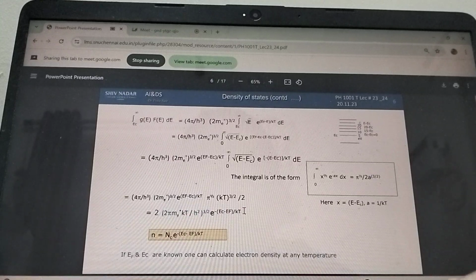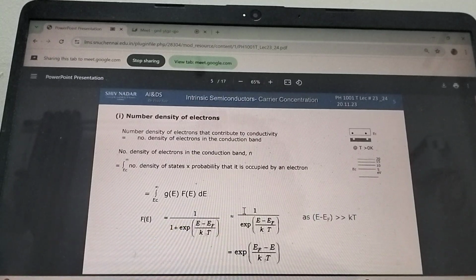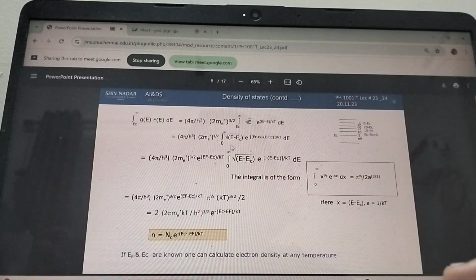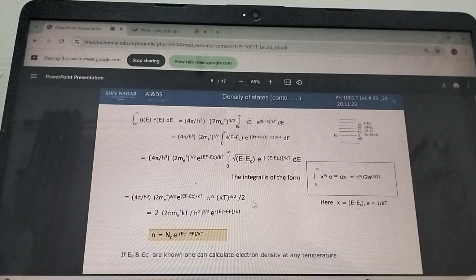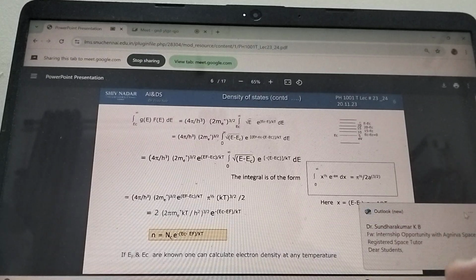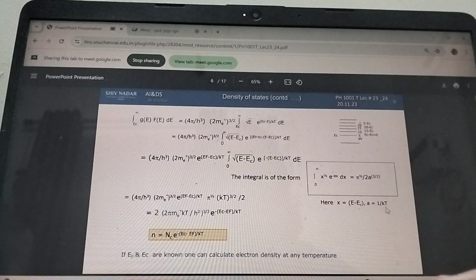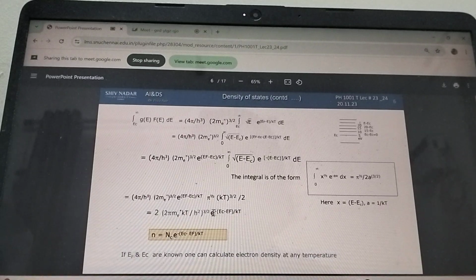And what were we actually trying to find out? Number of electrons in the conduction band. That is what we did this entire derivation for. And this is the final expression: 2 pi me star KT upon h squared whole raised to 3 by 2 e to the power minus EC minus EF by KT.